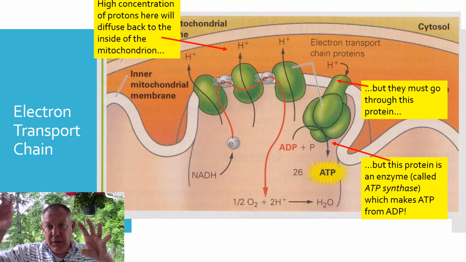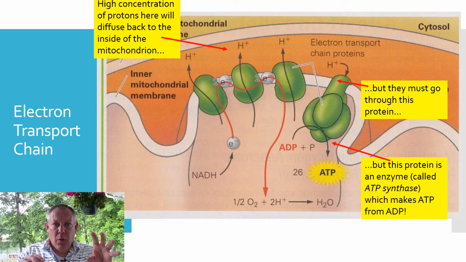It wants to diffuse back to the other side of that membrane. But just like before, it can't just go through the membrane. It's got to find a hole. And so we've got special enzymes that make a hole for those protons to diffuse back. And those enzymes are called ATP synthase. And so those protons diffuse back through the ATP synthase.